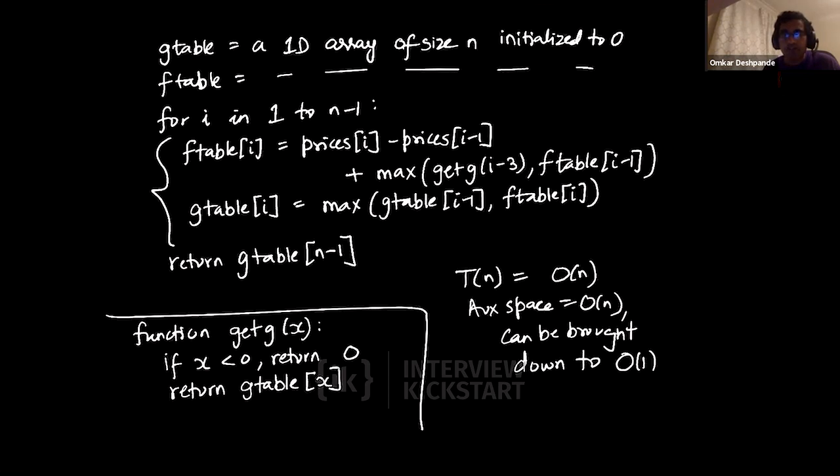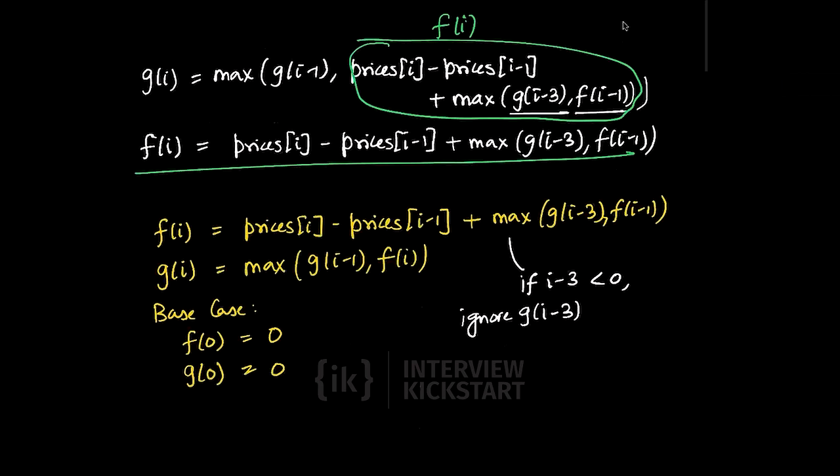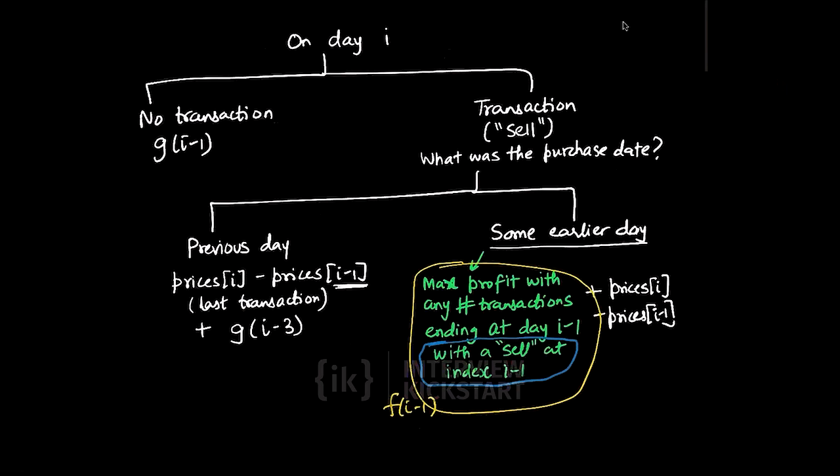Manish? Hi, Omkar. Can you hear me? Yes. So, can you please go to that diagram, previous day and earlier day? Here in earlier day, we are doing sale at index I minus 1, and we have a cooldown of 1 day.